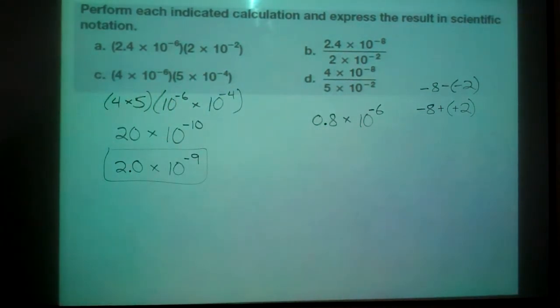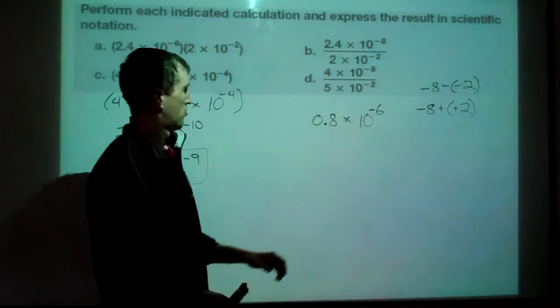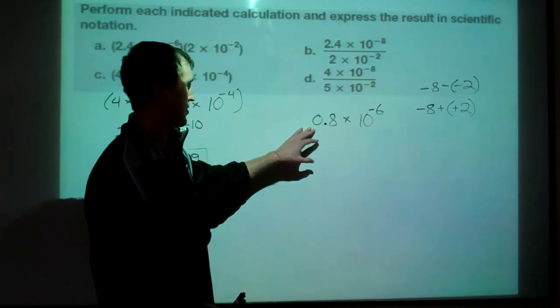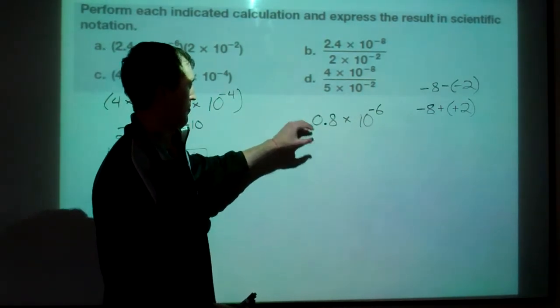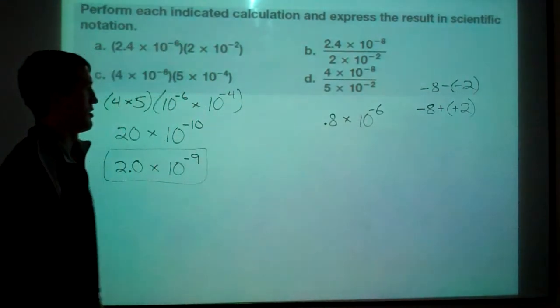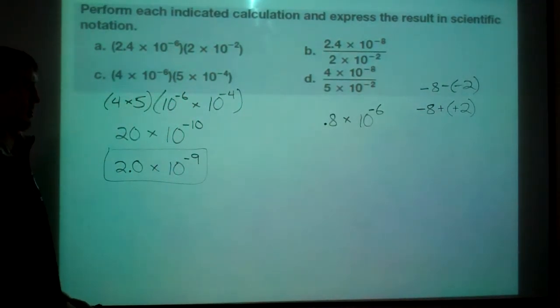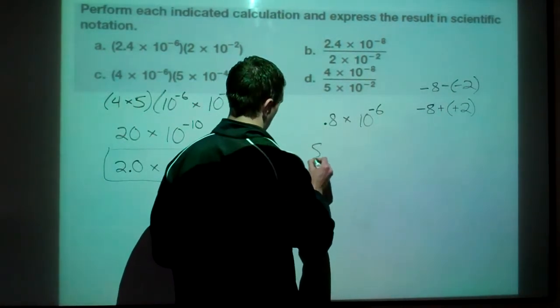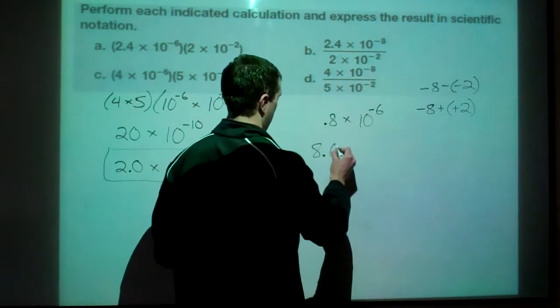Alright. But, once again, are we in scientific notation? No, because we're not going to count this 0 as scientific notation. We could just write 0.8 times 10 to the negative 6, but we want 8.0 times 10 to the negative 6. So, no, not to the negative 6, sorry, that's going to change.